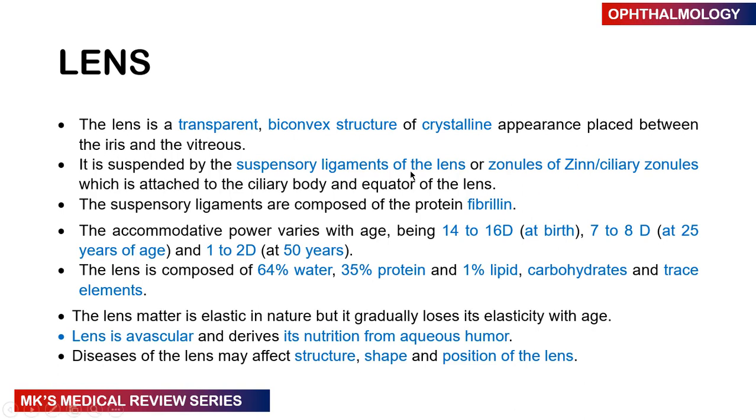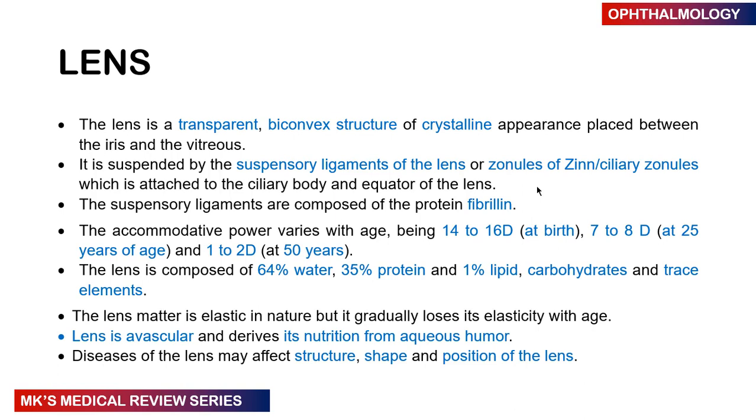Then of course, one of the functions of the lens is accommodation, which is one of the properties of the lens. So remember that the power of accommodation varies with age. At birth, it's roughly around 14 to 16 diopters. Then at 25 years, it's about 7 to 8 diopters. Then at 50 years, 1 to 2 diopters.